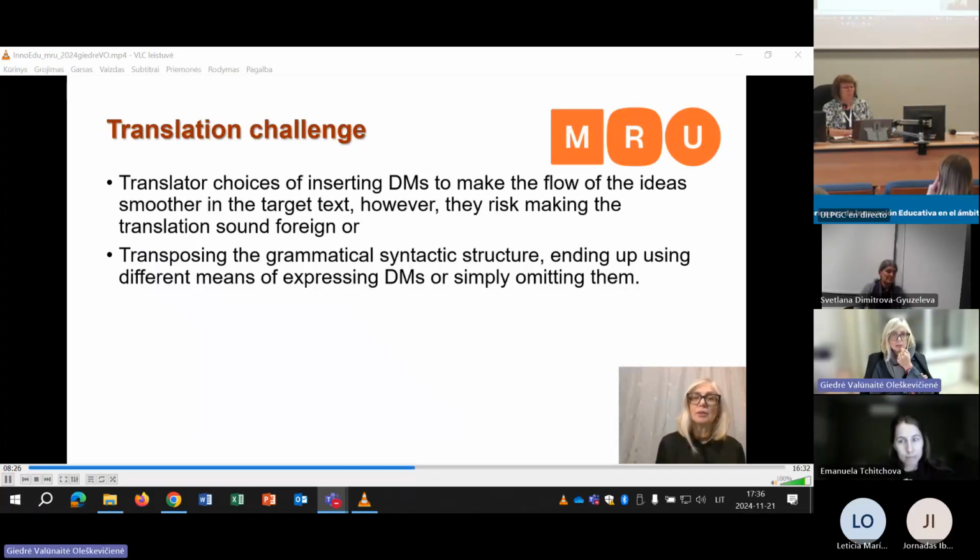Translators may choose to insert discourse markers to make the flow of ideas smoother in the target text. However, they risk making the translation sound foreign or transposing the grammatical syntactic structure. The translators end up using different means of expressing discourse markers or simply omitting them.